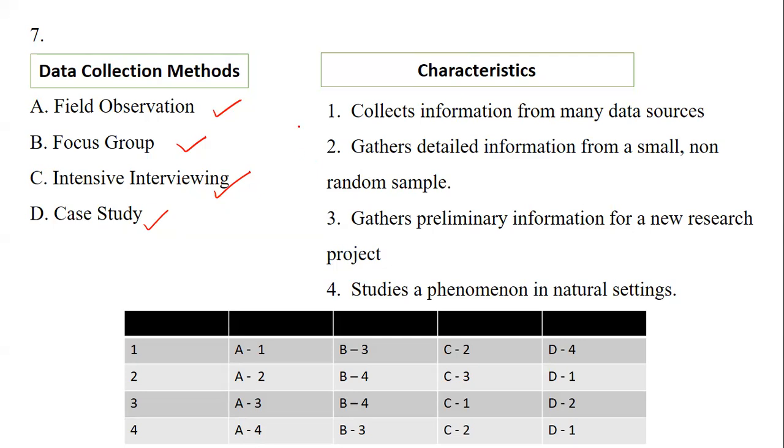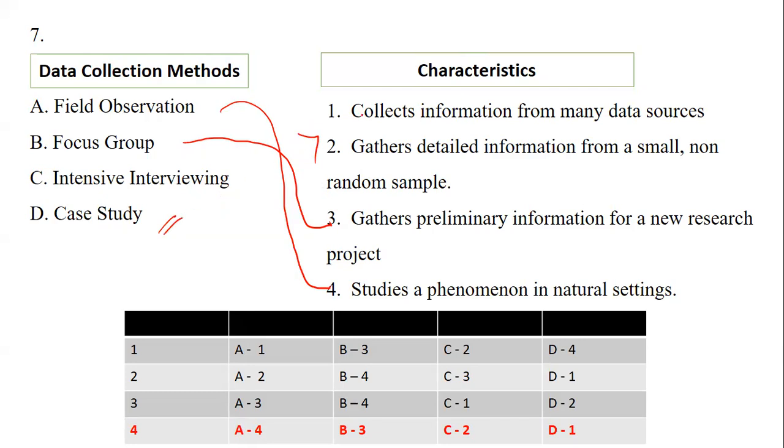Based on the given table, field observation is something you do in a natural setting, right? Focus group is where you gather information for a specific product or research. Intensive interviewing is where you take detailed information about a small or non-random sample.